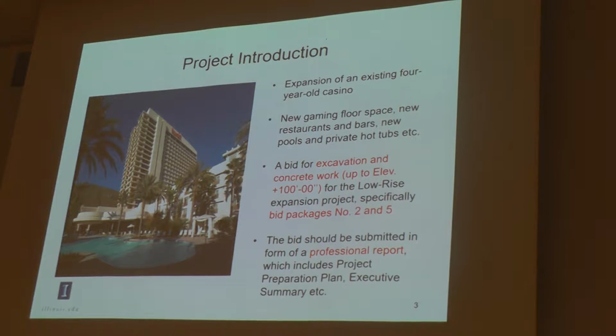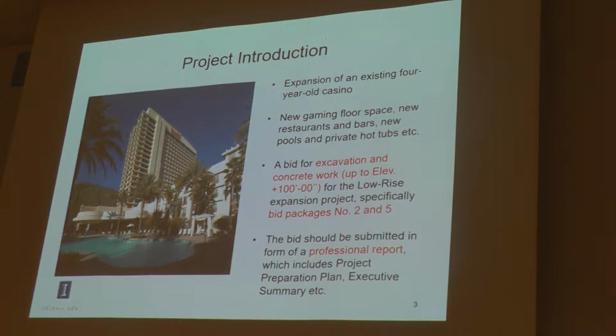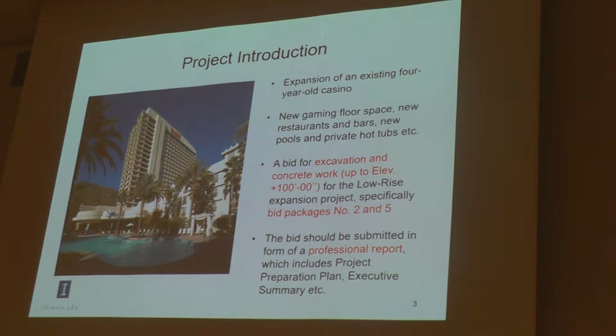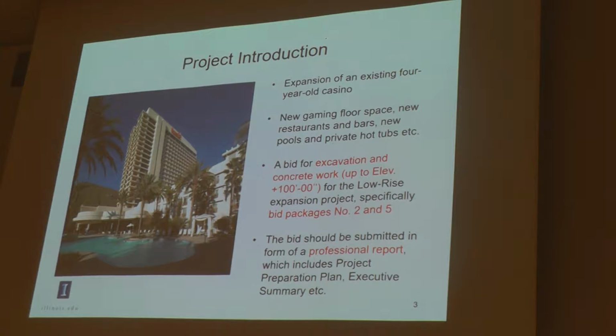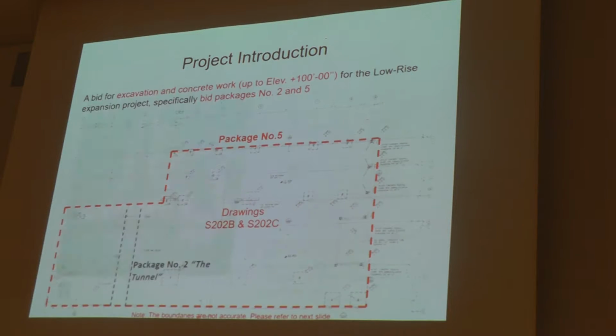We will talk in detail about package number 2 and 5 later on. The bid should be submitted as a professional report, which will include a project preparation plan, executive summary, etc. We will also talk about this in detail in the project deliverable session. Now let's look at exactly what we are going to do in this project.